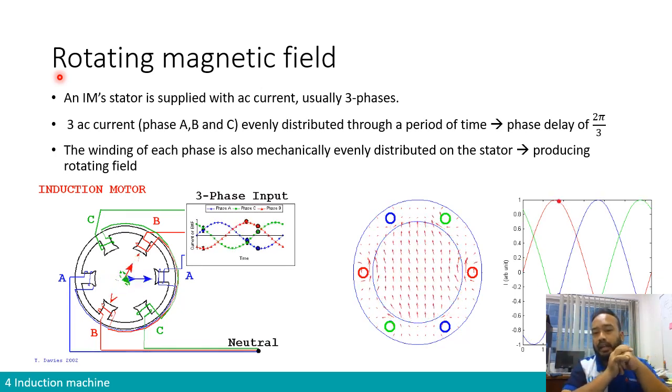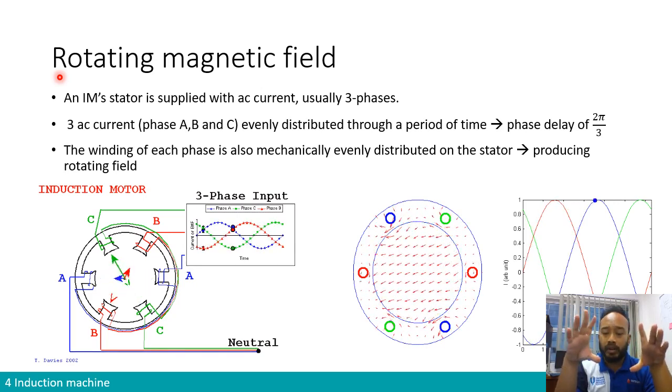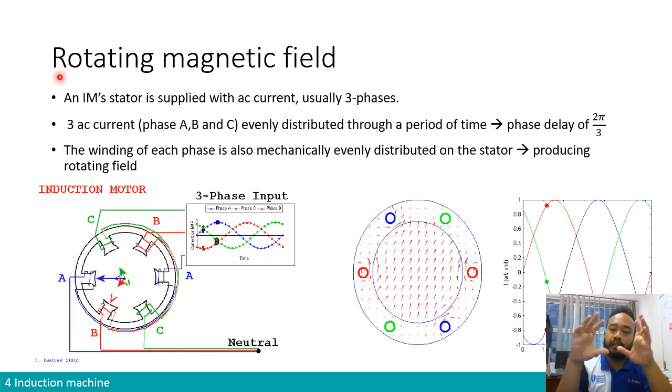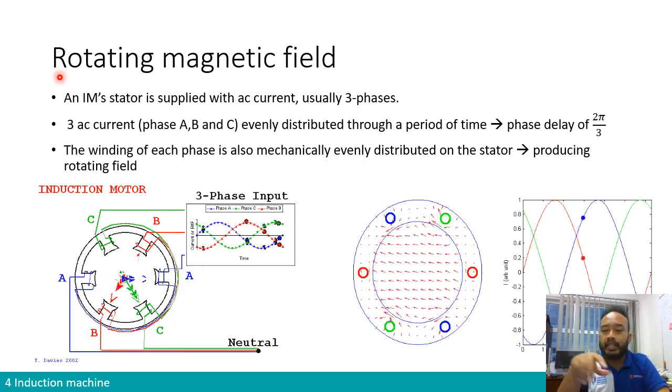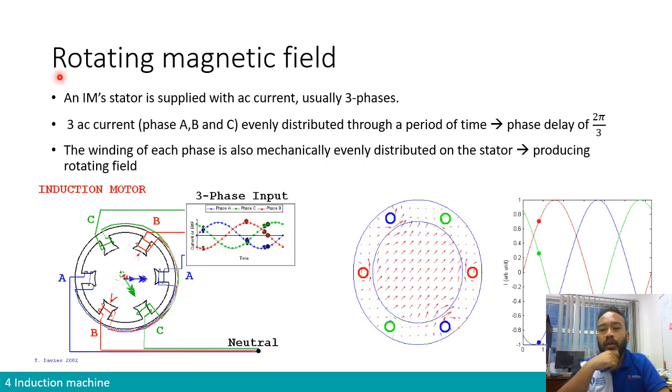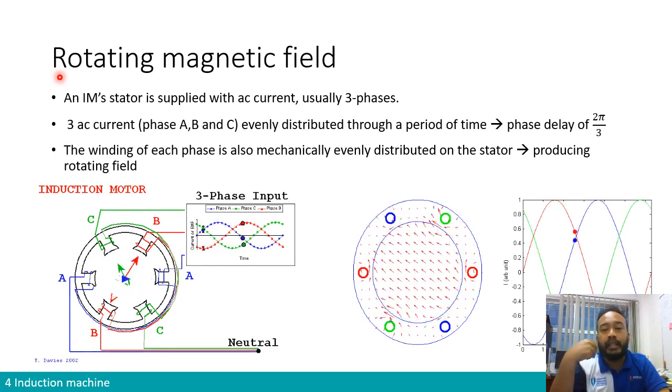But in an AC machine, the field created by the stator is not fixed. It rotates. It is a dynamic field that moves around and changes throughout the operation of the machine. It is what we call a rotating magnetic field, right?